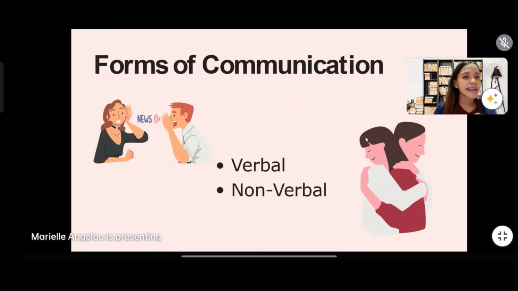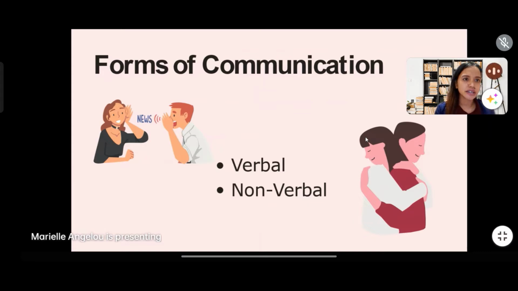Next, we have the non-verbal communication. From the term itself, non-verbal, it doesn't use words in conveying a message. It only uses body language such as facial expressions, gestures, and the movements of our body. That is non-verbal communication.